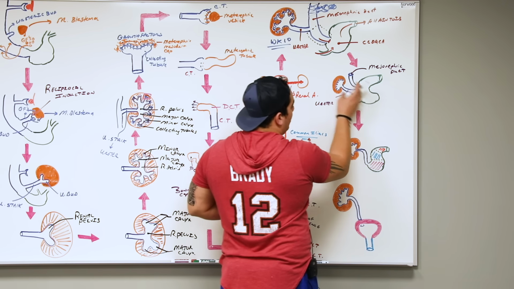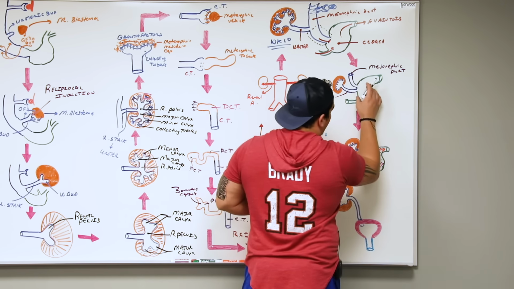Eventually, they're going to fuse in with the cloaca, and then the mesonephric duct will move a little bit more backwards, and the ureters will move a little bit more towards the sides. Now, technically, this portion here, where they're joining, is going to be what's called the vesicular trigone, or the trigone of the bladder. It's represented by the urethra as well as the two ureters where they enter into the bladder.